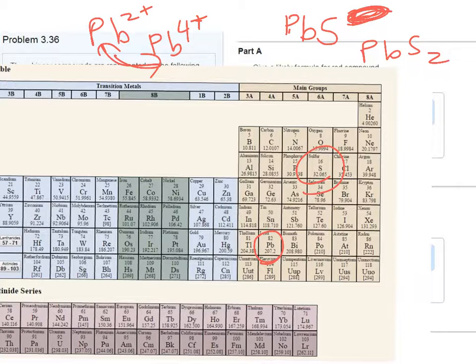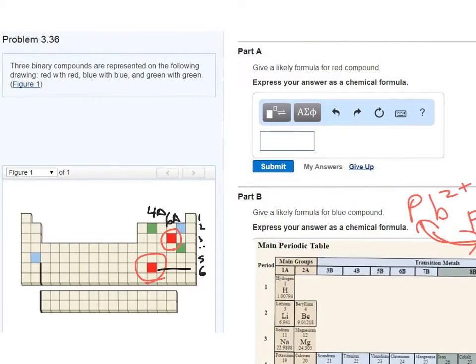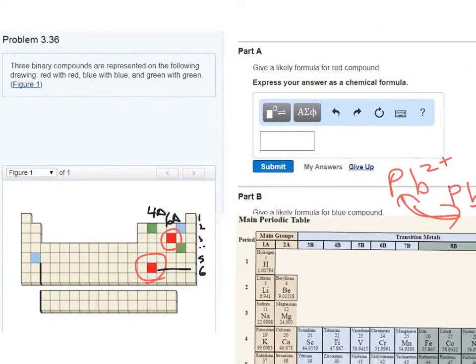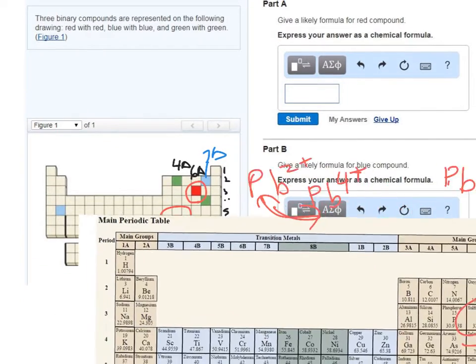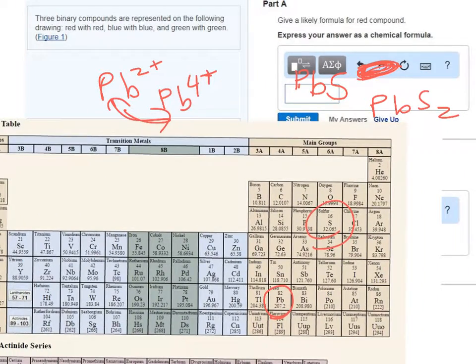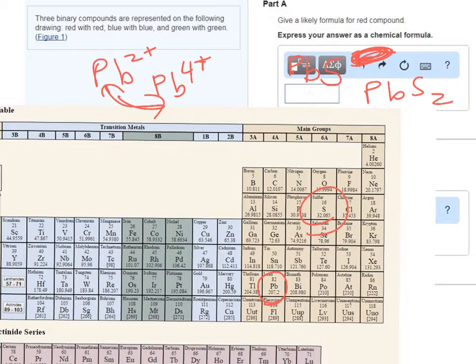The next thing they ask us about is the blue compound. So blue, we're looking at element 7A, second period. 7A second period is going to be fluorine. So fluorine is going to be one of our elements.